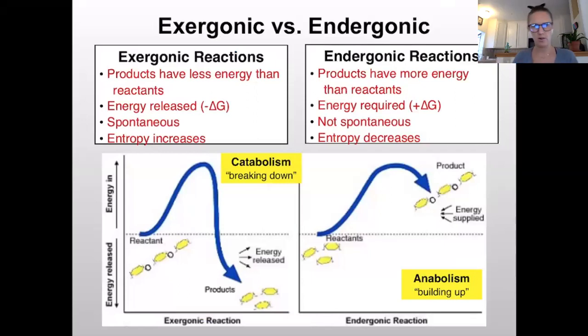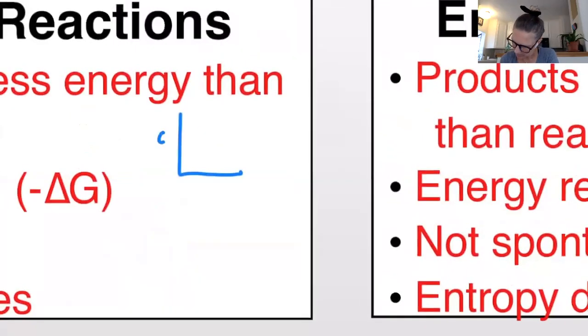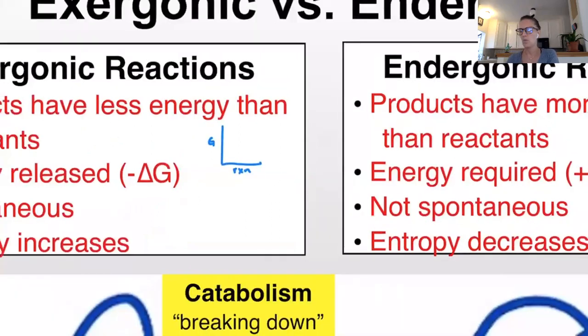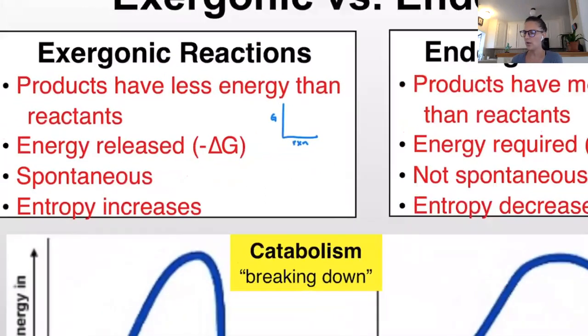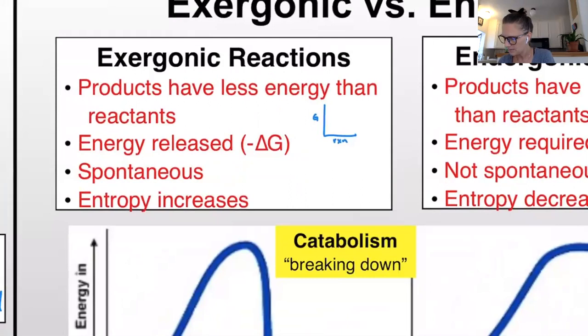So let's just define all of these. So exergonic reaction, the products have less energy than the reactants. So again, if we were going to do a little curve with your amount of G and, for example, the reaction here, the exergonic reactions, the products down here are going to have less energy than the reactants up here, just like that ball rolling down the hill, right?